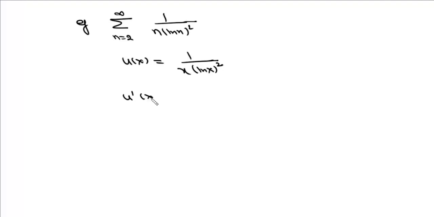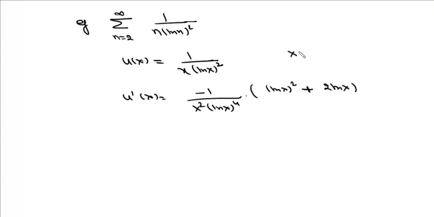Now we find u dash x will be minus 1 upon x square (log x) to the power 4 into (log x square plus 2 log x). Now since x is greater than or equal to 2, this log is positive, these even parts will be positive, and we have this negative sign, so that means u dash x is less than 0.